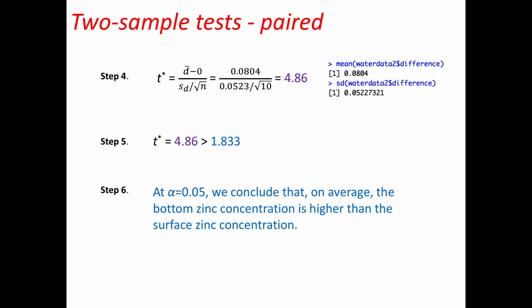So our conclusion for this, so we've already rejected the null hypothesis, that was step 5. So now our conclusion could be something like at alpha equals 0.05, we conclude that on average, the bottom zinc concentration is higher than the surface zinc concentration.